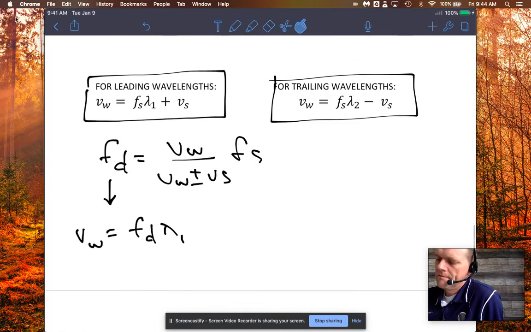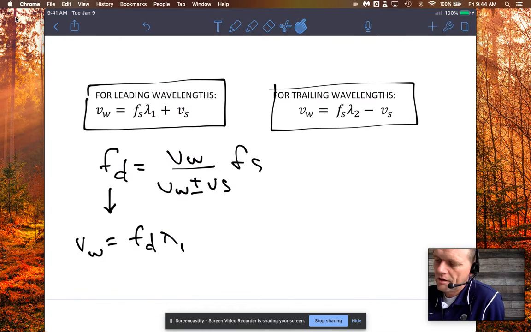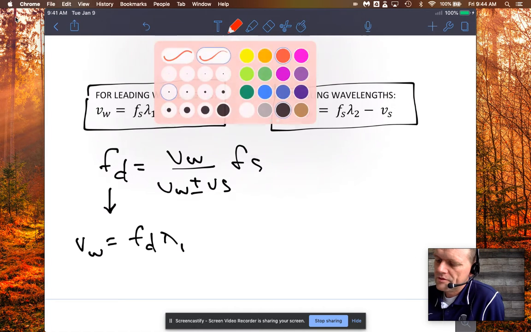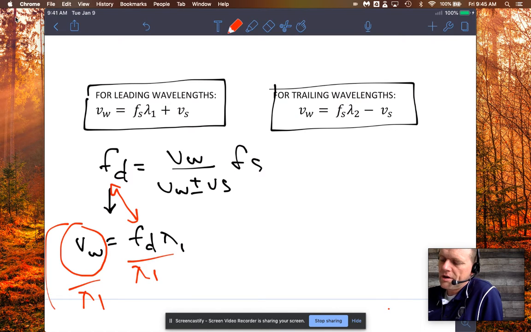So again, the speed of the wave is fixed. That can't change. The Doppler frequency and the wavelength can change. And if I'm dealing with this Doppler frequency, there it is there. Those are the same. So if I just divide by wavelength 1, I now have a new expression that I can tuck into the Doppler frequency. I'm just going to do this to the right.